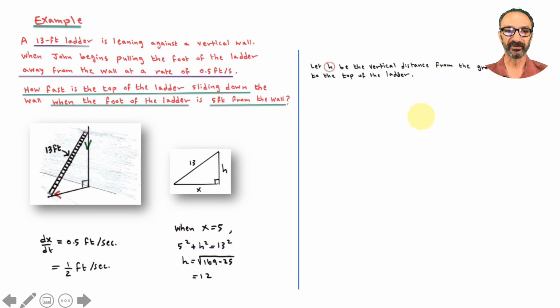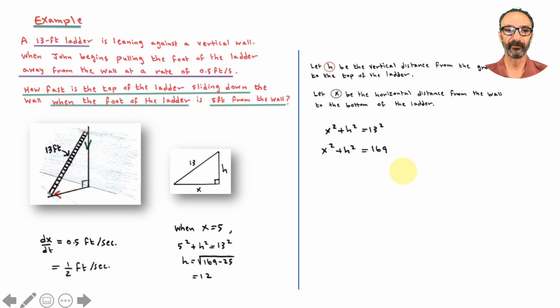This is a more detailed writing of what we have here. Let h be the height. Let x be the horizontal distance. We have x squared plus h squared equals 13 squared. That's 169.